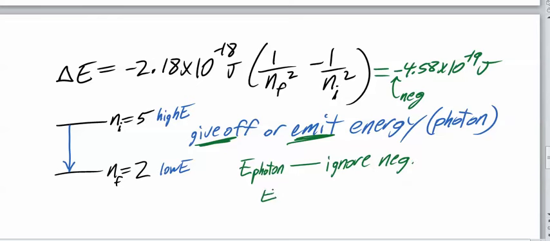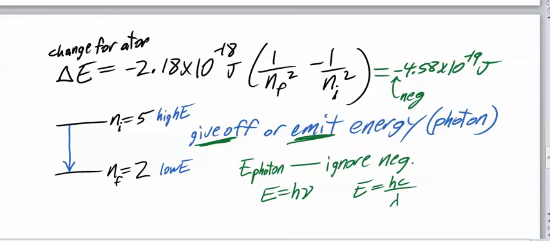So if we went to calculate frequency, E equals h nu, or if we went to calculate wavelength, E equals h c over lambda, we would ignore the negative sign because the delta E equation is the change for the atom. The energy of the photon, the photon is the energy, so it's never negative. And you shouldn't have a negative wavelength or a negative frequency.